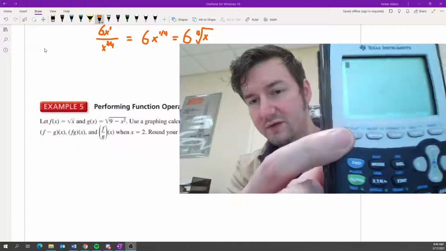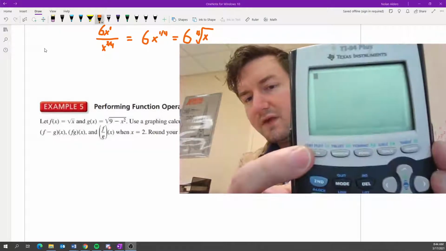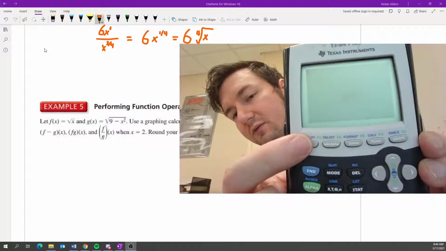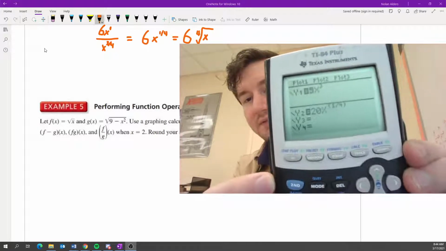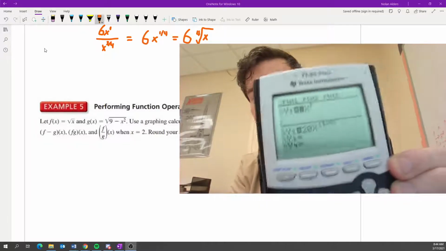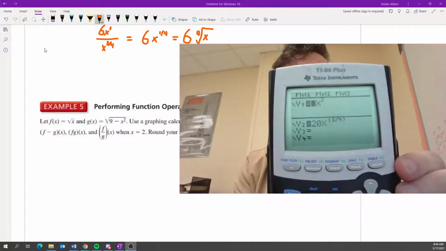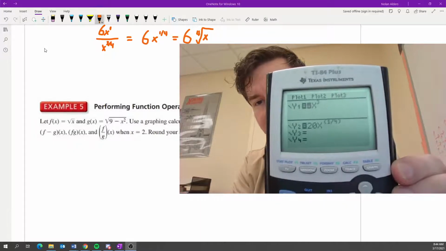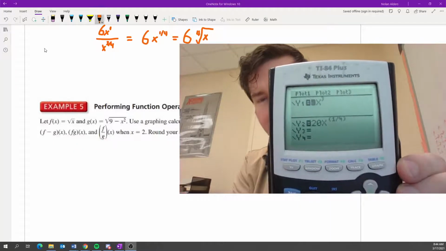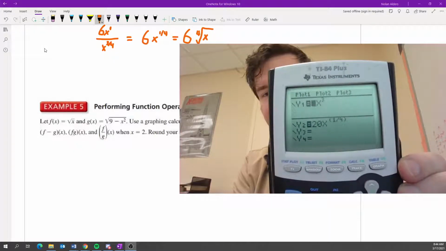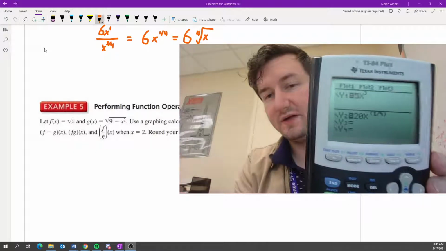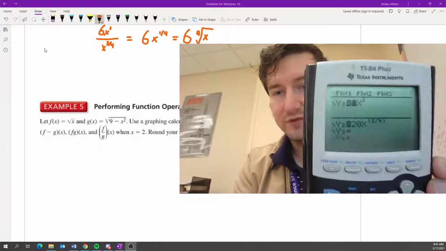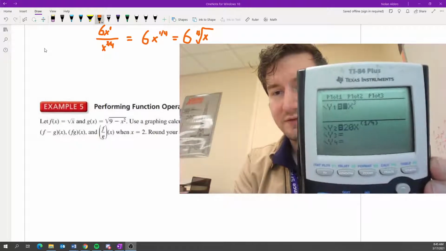Press y equals, and on y1 and y2, enter what your functions are. For example, I've got the functions 5x cubed and 20x to the 1/4 loaded into my calculator. This isn't matching the example 5 on screen, but we'll just use it as an example.